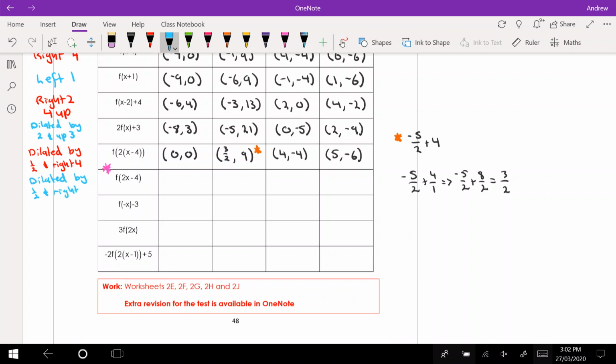We've moved 2 to the right. So now it's going to be -2, 0. -1/2, 9. 2, -4. And 3, -6.